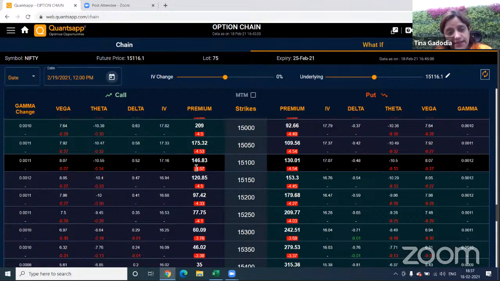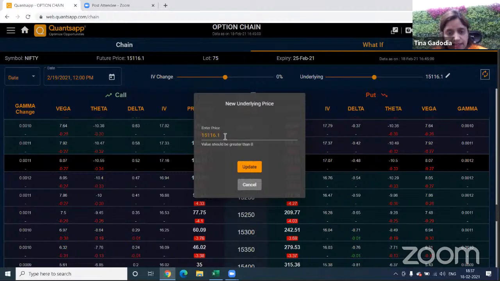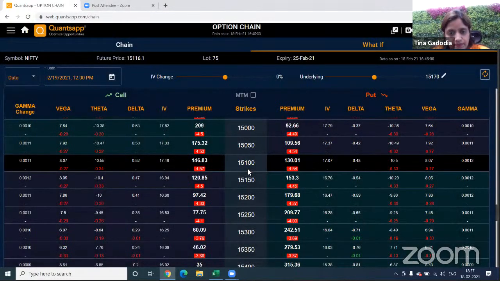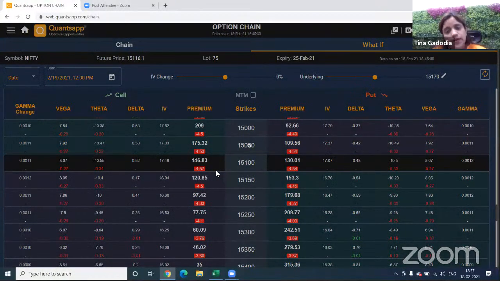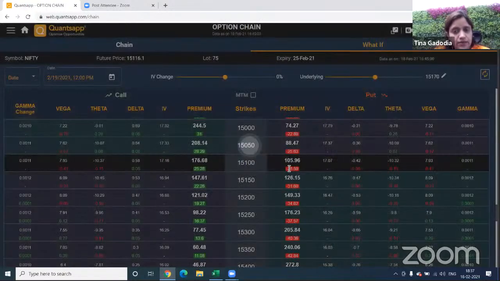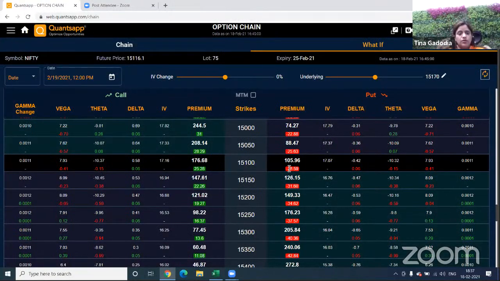It's the same exercise you do at 9:30 and look at after 2.5 hours how the option will behave. What if my Nifty moves from 15,116 to 15,170? My 15,100 call will be up 25 and puts would be down by almost 28. This way you can have a clue on an intraday basis how my option premium will behave.